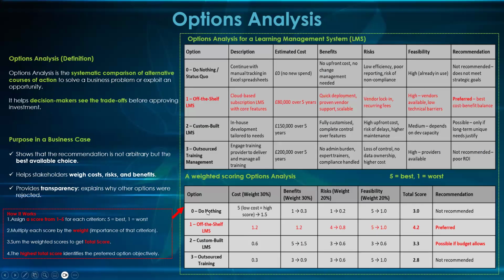So for the first option, which is do nothing, we give it a score of 5. For the benefits, we give it a score of 1. Now, this is something that you guys are going to agree on as a team. Let's just give it 1. Coming to risk, under doing nothing, we give it 1 as well. For feasibility, we give it 5.